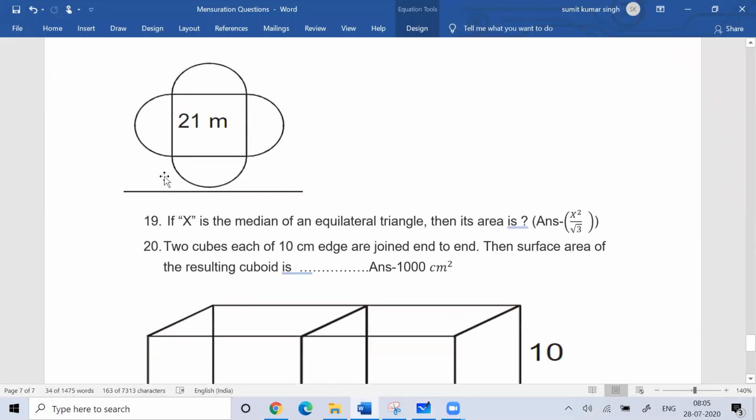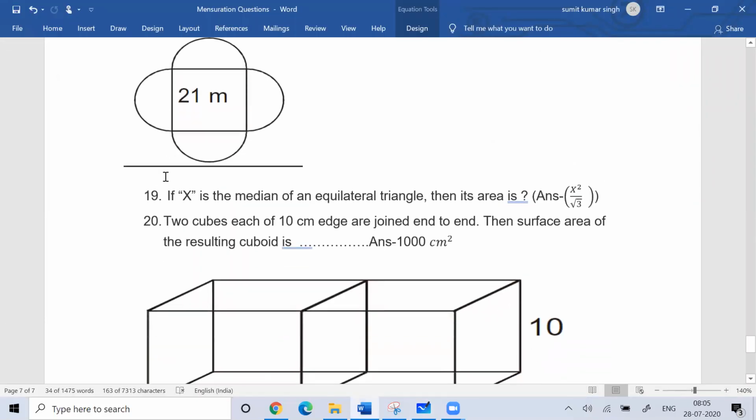Then going further, if x is the median of an equilateral triangle, then what is the area? I think I have already discussed this concept when I was teaching you triangles.